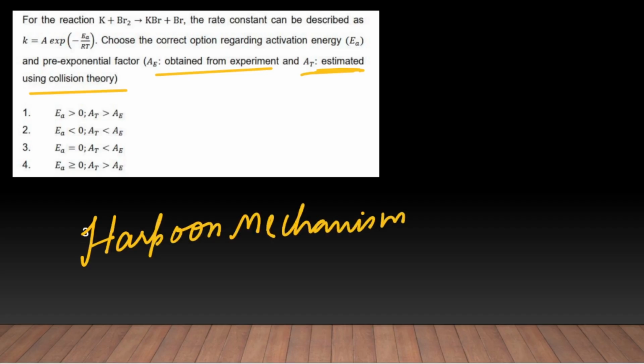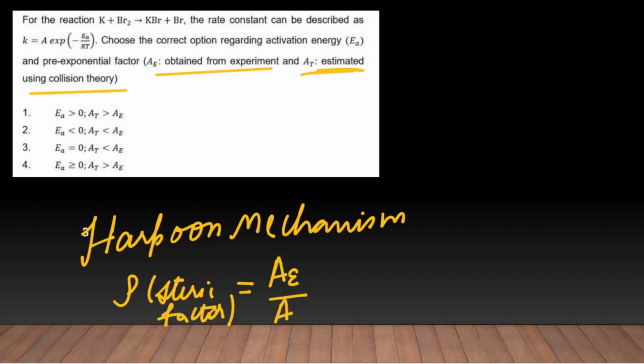According to this, the steric factor, which describes the ratio of the pre-exponential factor obtained experimentally to that obtained by the collision theory, the rho value of the steric factor is greater than 1.